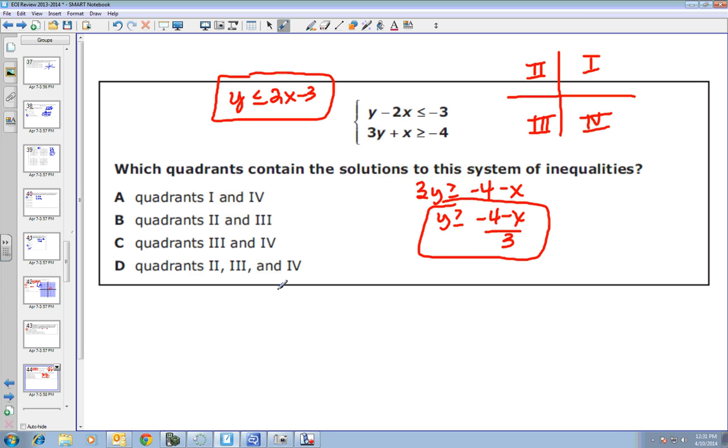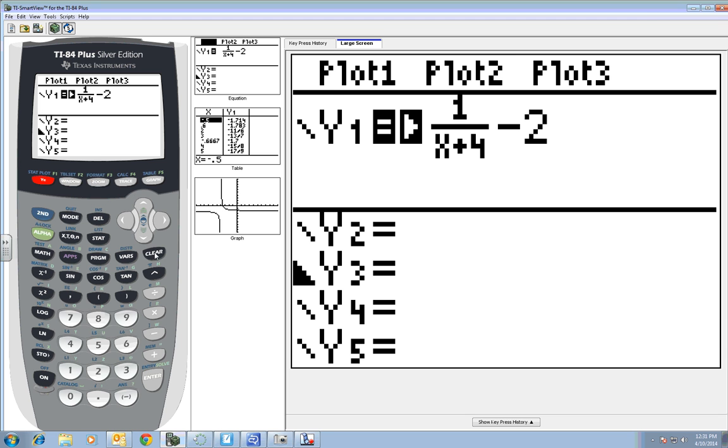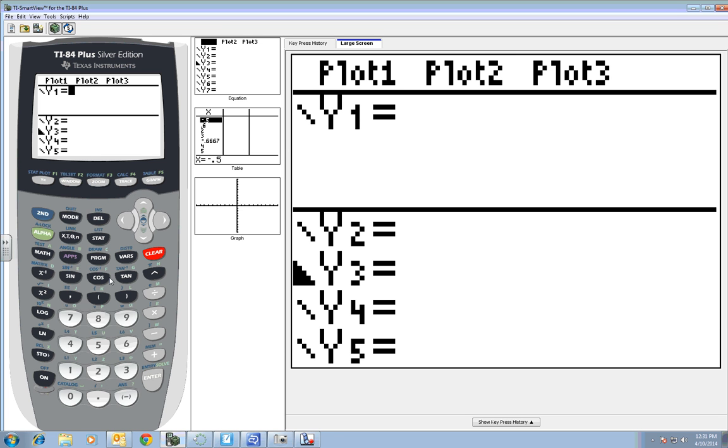So now we're going to graph these and see which quadrants my shaded area overlaps. So let's put these in our calculator. Y equals, okay, I'm going to show you. First of all, my first inequality was 2x minus 3. Now, I need to shade this. It is less than, so would I shade above or below?